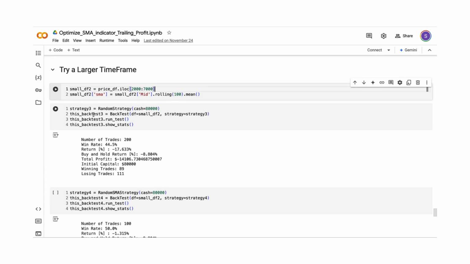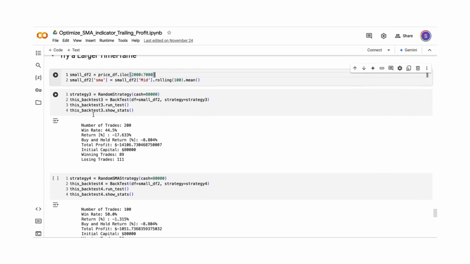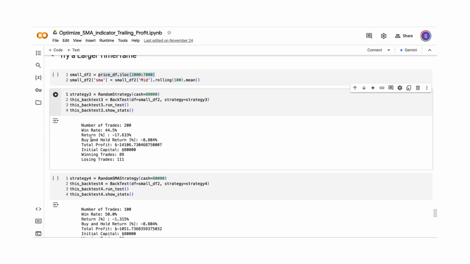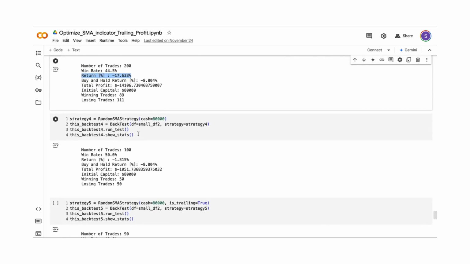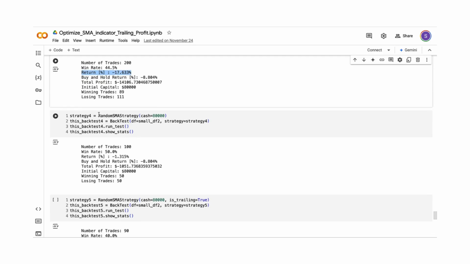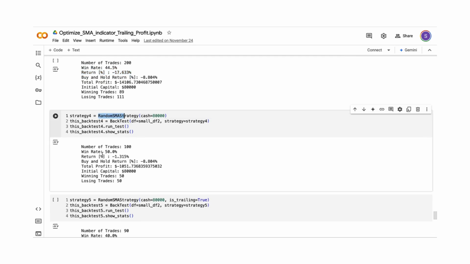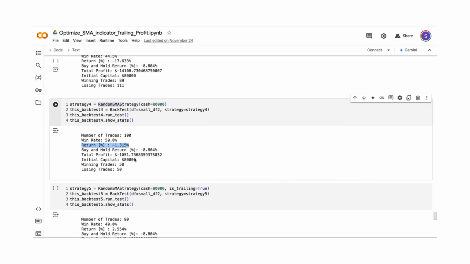If you are familiar with my previous videos, we showed that in these 5,000 data points the buy and hold was doing badly, which probably means the stock was going down. The random strategy, purely random buying and selling, was doing even worse than the buy and hold. Then we used the strategy based on the simple moving average, which did better than the buy and hold, but still had negative returns.